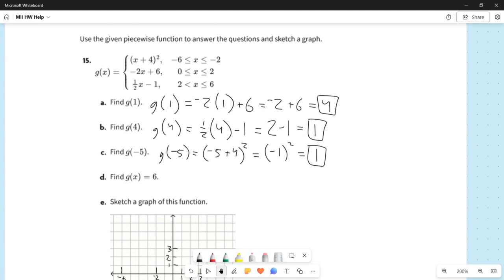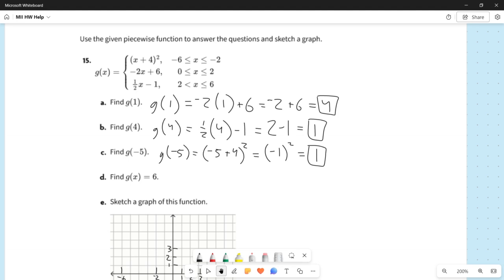Now, there's a couple different ways to think about this. This piece is a quadratic function, the first piece of this piecewise function, and the graph of a quadratic function is a parabola. I'm not sure how comfortable people are with graphing the different components of this.